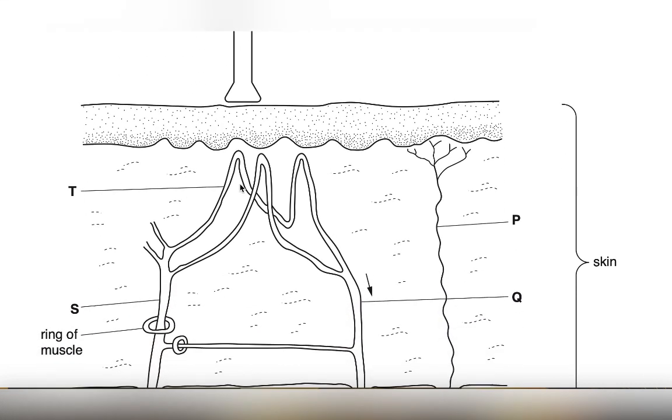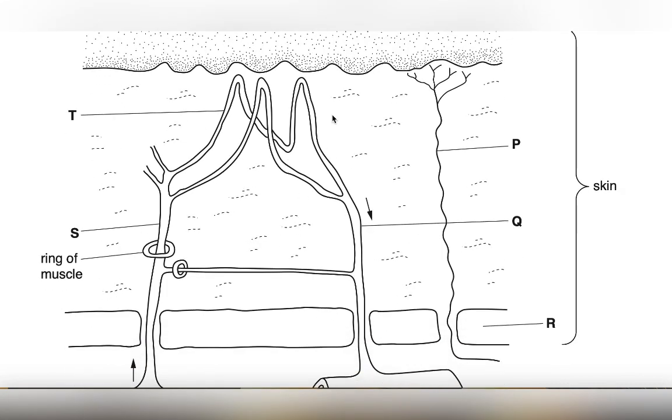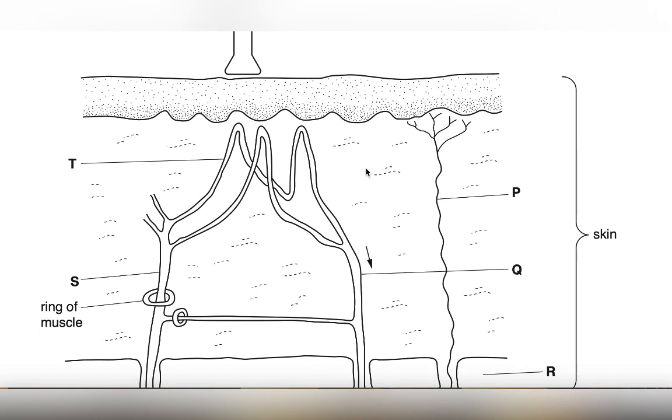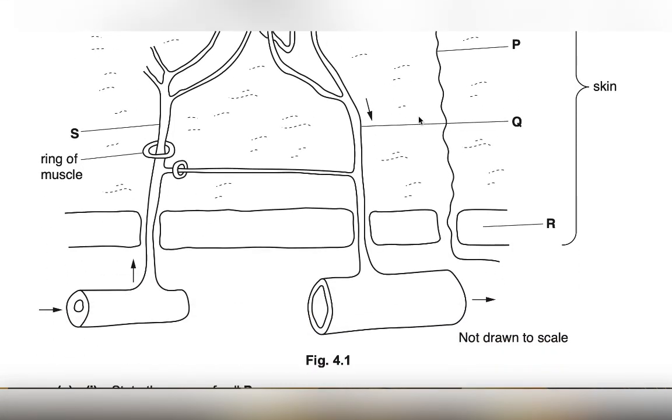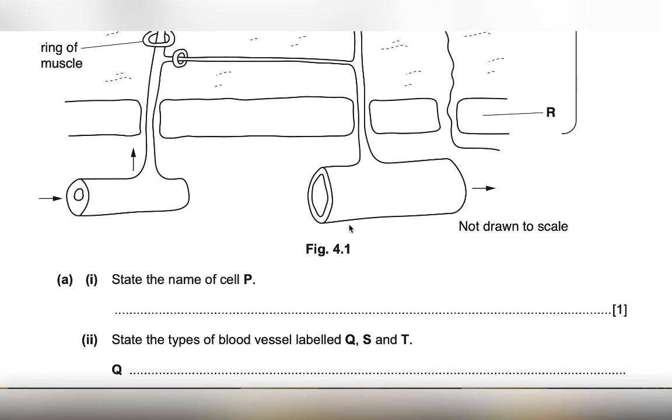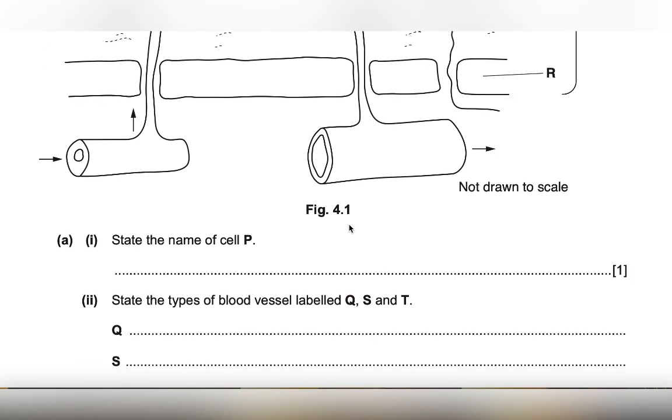Okay, so this is the skin, human skin. Let's see what they're going to ask us. They give you letters, probably they ask us to identify. So we need to know the diagram of the skin and the labels of the diagram of the skin, because they will ask questions.